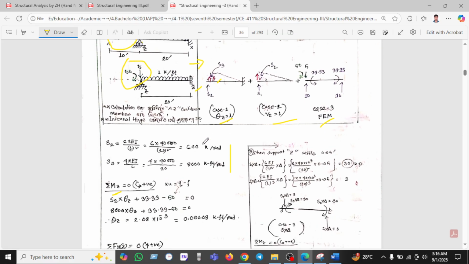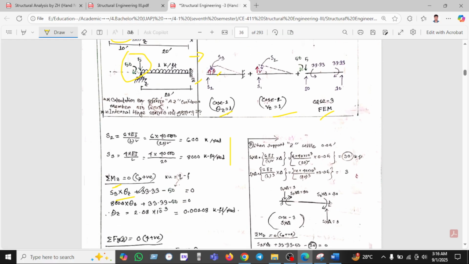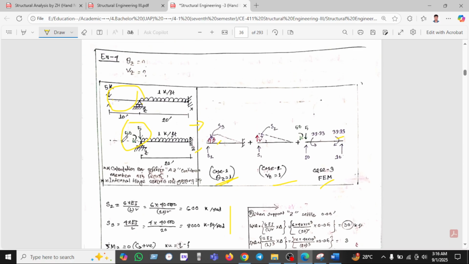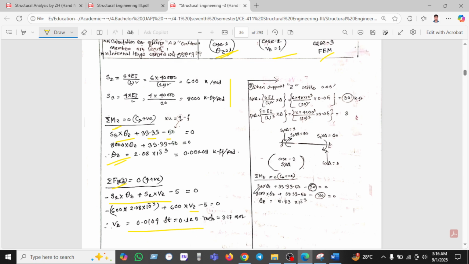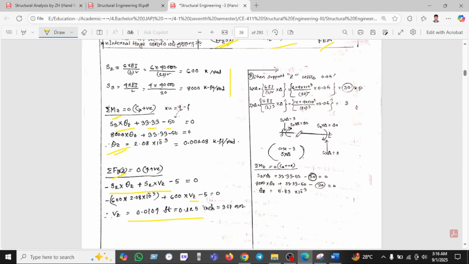This is the Z point, and S3 into theta Z. So S3 into theta Z, and 33.133, which is the fixed-end moment, and the 50 we have shown here. This 50 is given in the question. After calculating this, then we can find the theta Z. The same way, if we calculate MY, then we find BZ this way. Okay, so when the support Z is settled, then we can calculate this way.